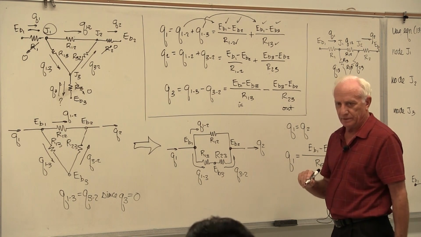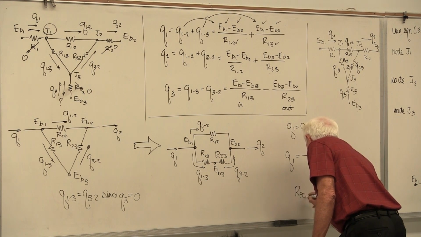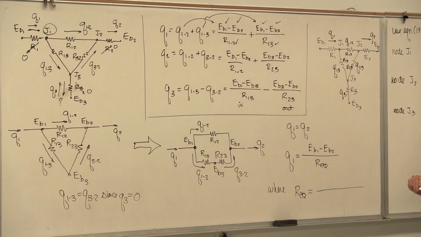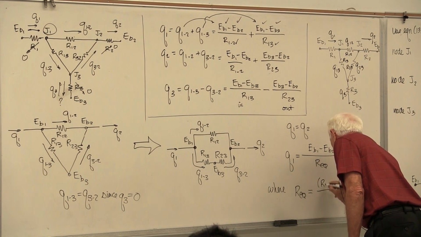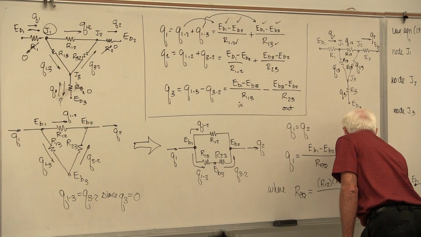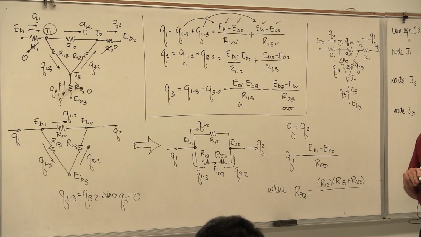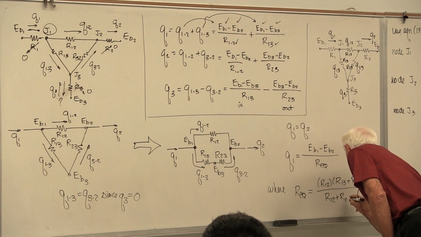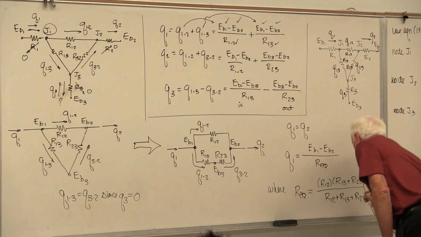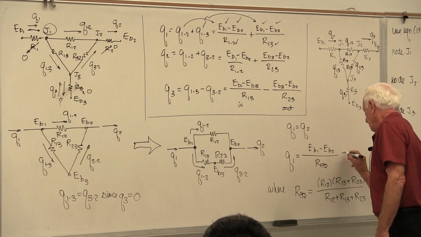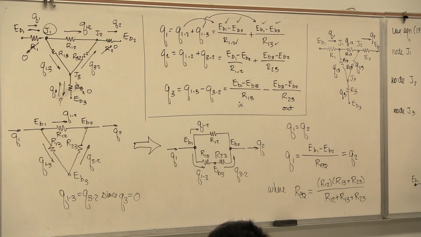R equivalent for a parallel circuit: multiply the two branch resistances together, divide it by the sum of all the resistances in the two branches. Got it. I know every value there. I can find Q1. I can find Q2.